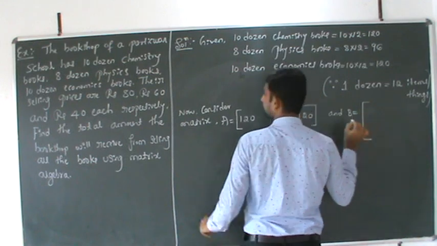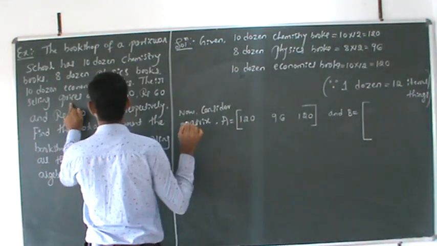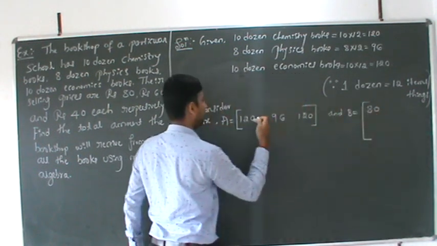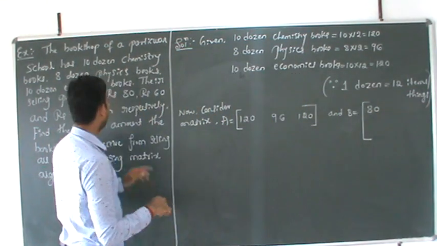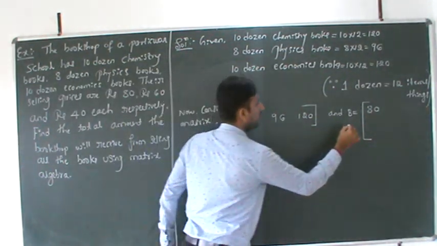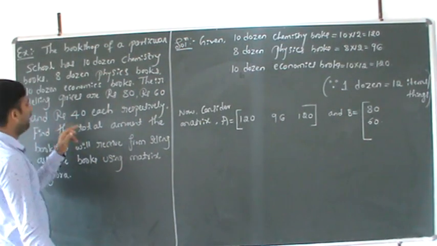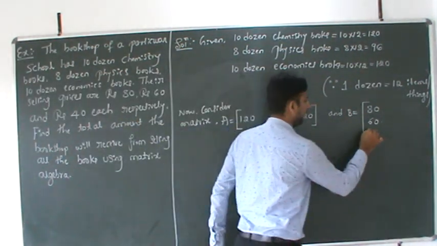How to write? Their selling prices are rupees 80. You write it as first 80 for 120, then rupees 60 here and rupees 40 here. Correct?